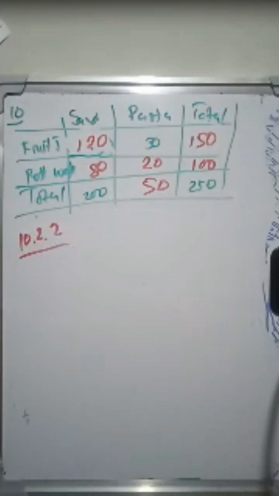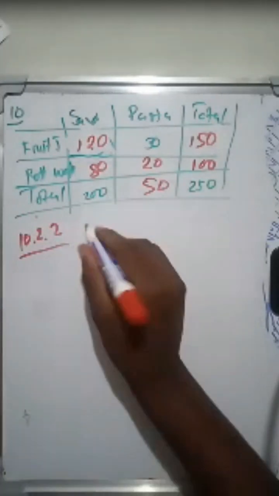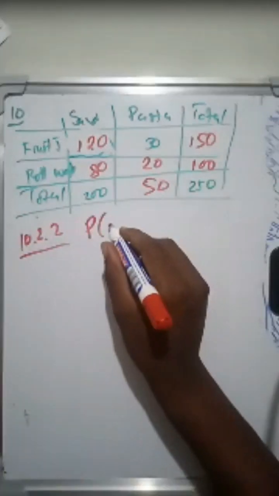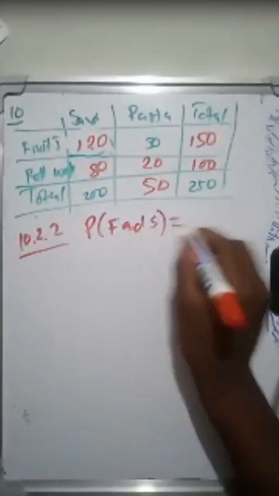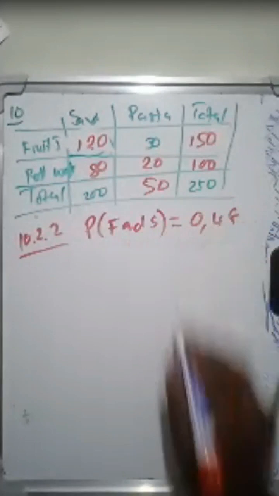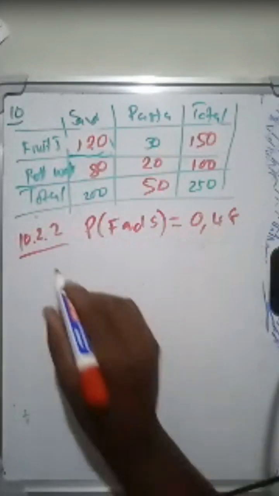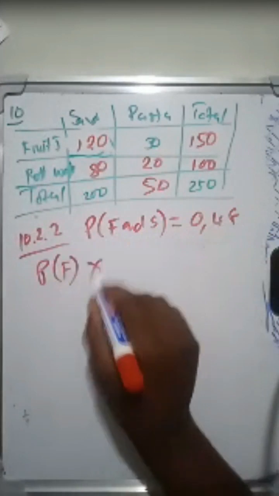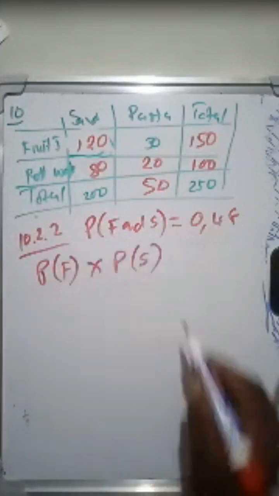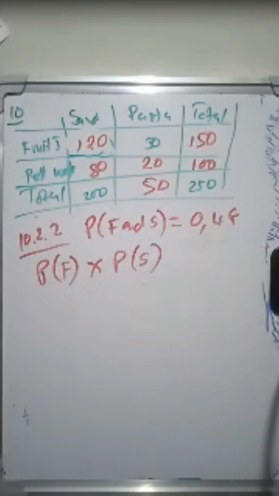Now they're talking about independence, the one that we once talked about. And we know that the probability of fruit juice and sandwich, we are given 0.48. So now we want the probability of fruit juice times the probability of sandwich to check if they are independent.